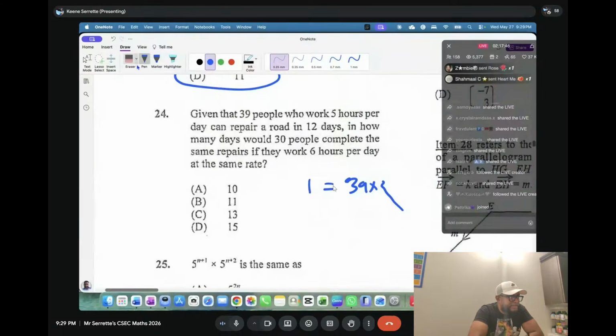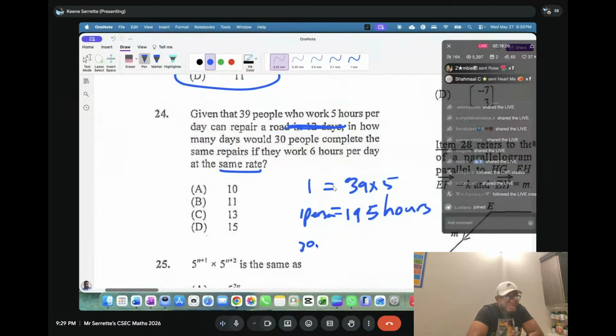Wait, the 12 is kind of irrelevant to the question, because it's at the same rate. So one person will take 39 multiplied by 5, which is how much? 195. One person takes 195 hours.